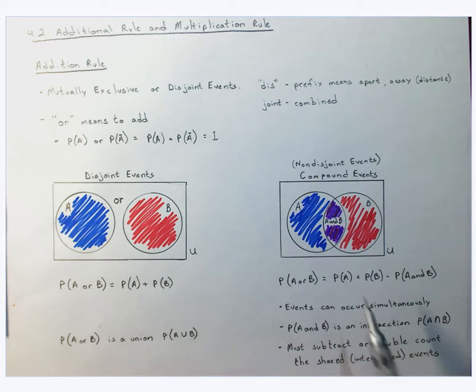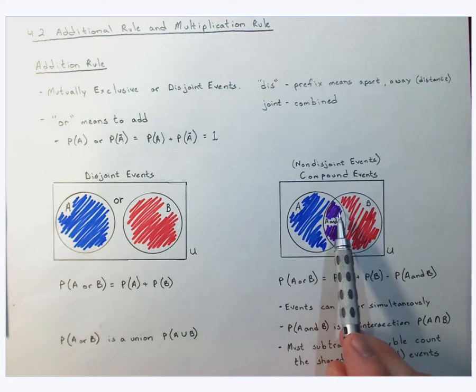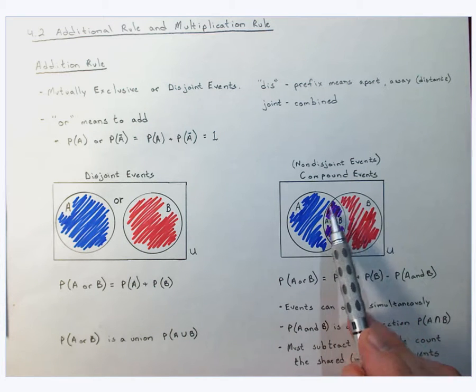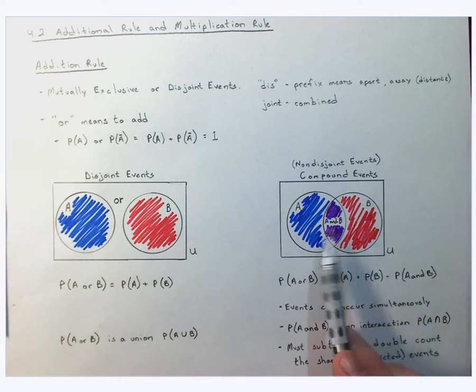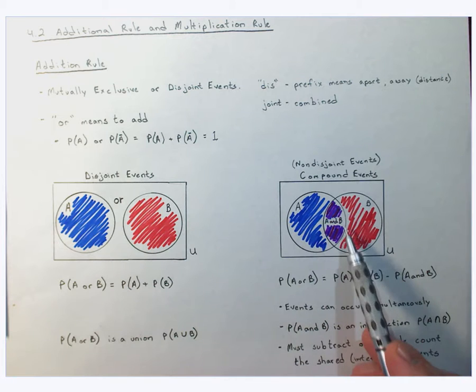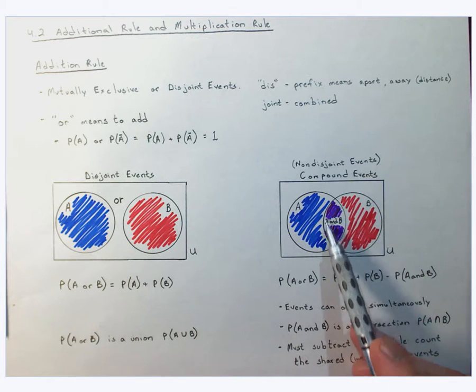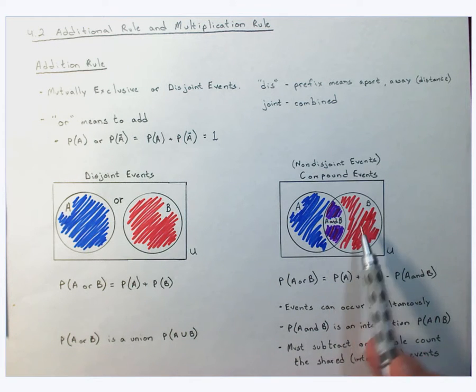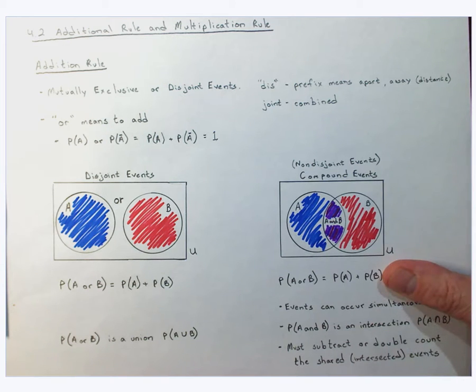When I count up everything inside of A and everything inside of B, some of what is in between, right here in the middle, can end up being double counted, because what I count in the circle of A also goes into B a little bit, and what I count inside B is also a little bit in A. If I just add those two together, I've double counted some values.